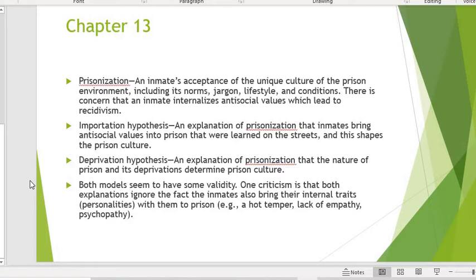So this is a problem with prisons, especially when you send a young person there who may have gotten into trouble criminally, but may not necessarily be a hardened criminal.